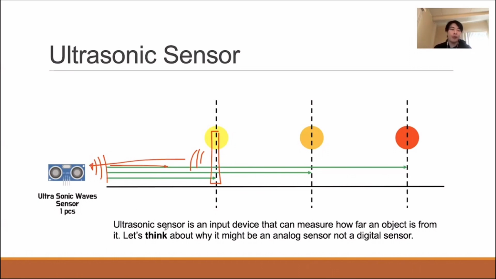I guess I gave away most of the answer, but think about why it makes sense that the ultrasonic sensor should be analog, not digital. Hopefully you're thinking that in order to measure varying distances, it makes sense that the ultrasonic sensor should be an analog sensor.